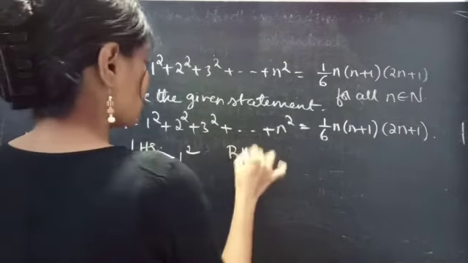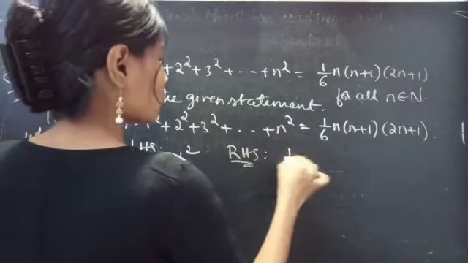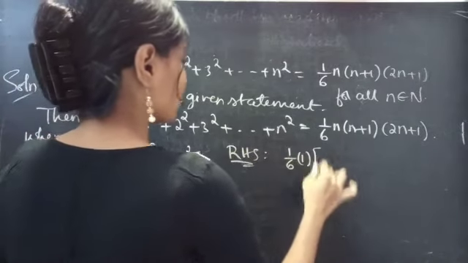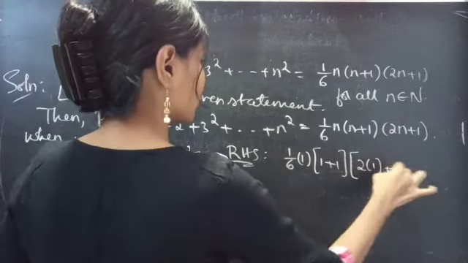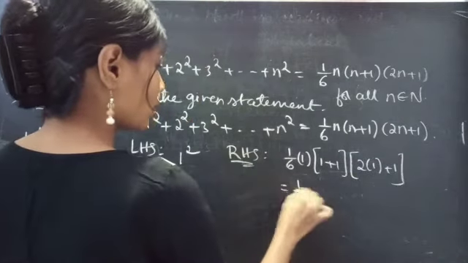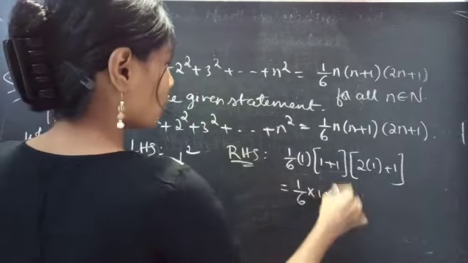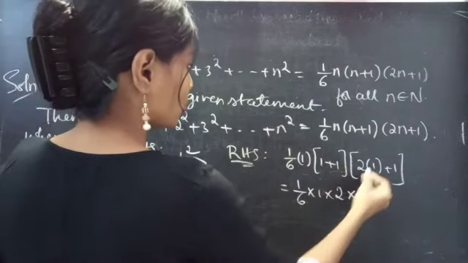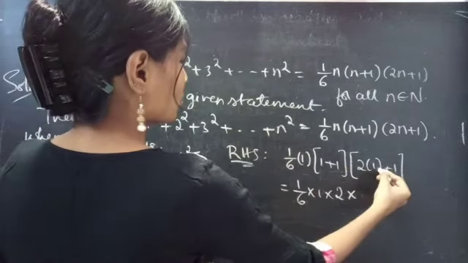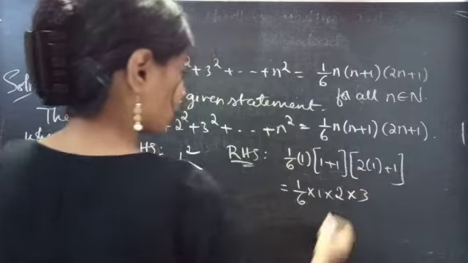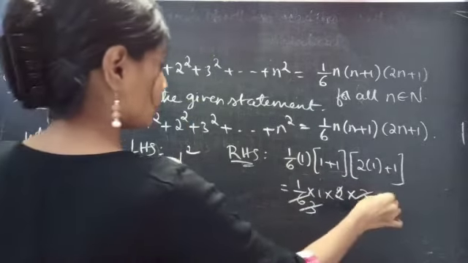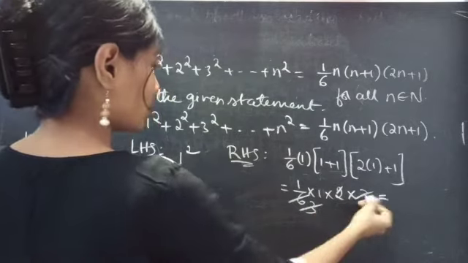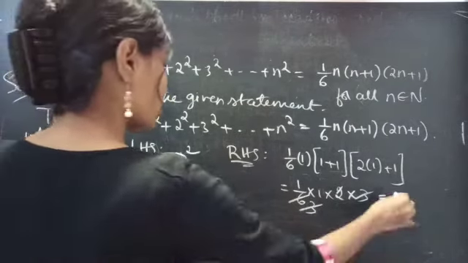Now coming to RHS, simply substitute n equals 1. This equals 1 by 6 into 1 into 1 plus 1, 2, into 2 ones are 2, 2 plus 1, 3. 2 ones are 2, 3 ones are 3. 3 ones are 3, 3 threes are 1 after dividing by 6. So this equals 1.